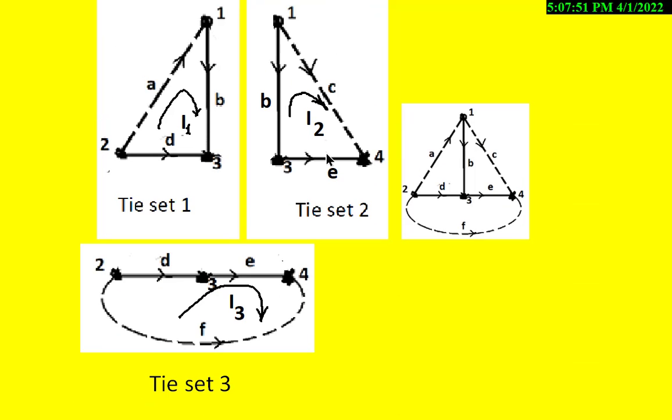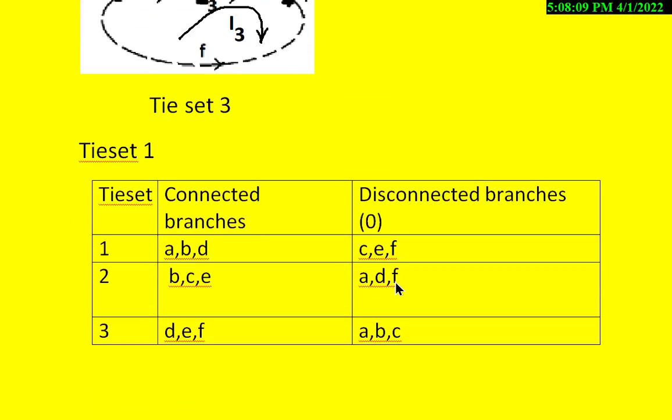Similarly, for the second Tieset, the currents B and C will get the positive sign, whereas E will get the negative sign. So plus 1 for B, plus 1 for C, whereas for E it is minus 1.